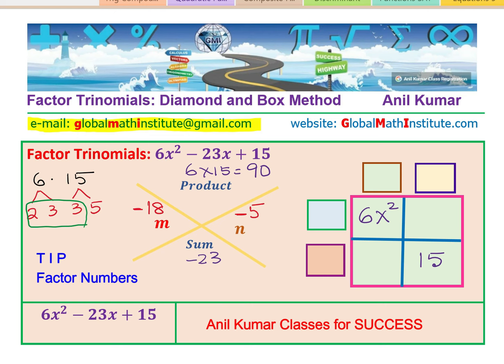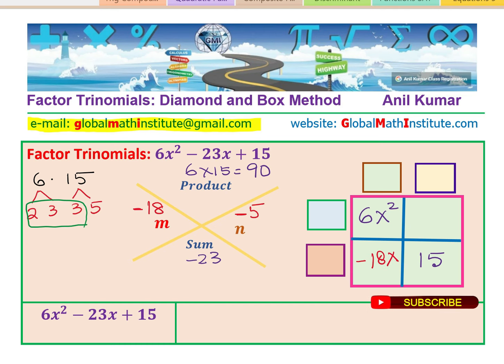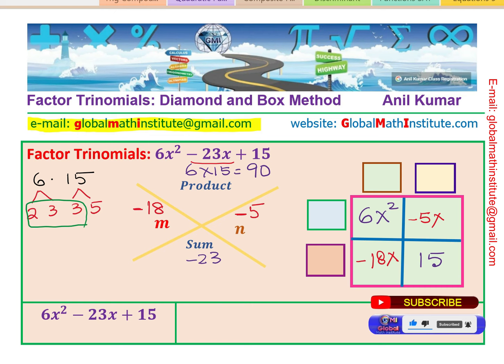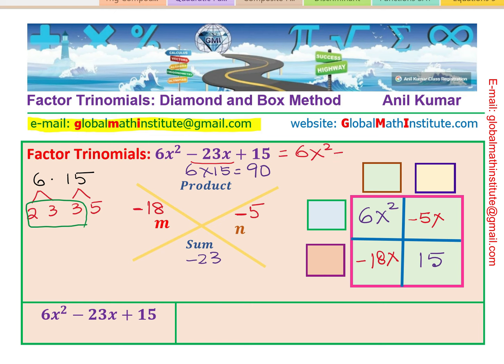See the tip, right? So we have our m and n values, which are minus 18x and minus 5x. The reason to write this is because we are writing minus 23x in this form, right? You get the idea. So in fact, we'll split this and write like this.